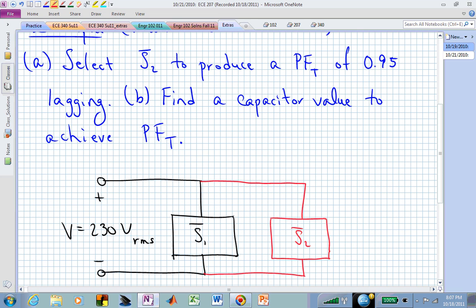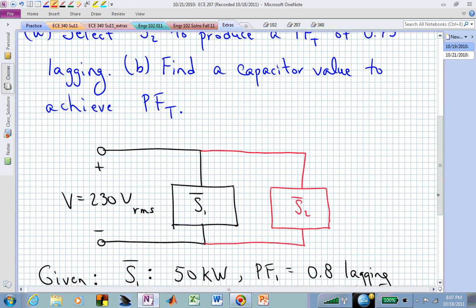We move it from 0.8 to a value of 0.95 lagging. Once we found that, we can actually then determine a capacitor value to achieve the power factor total that produces this 0.95 lagging behavior.